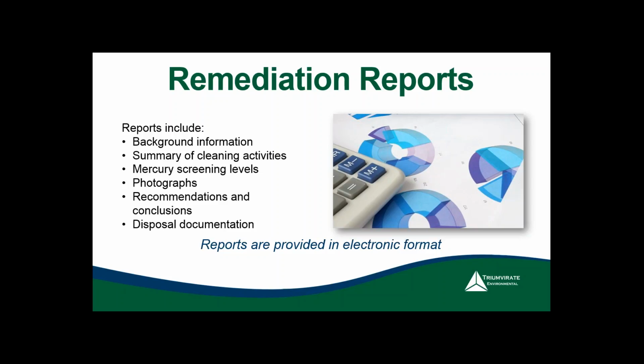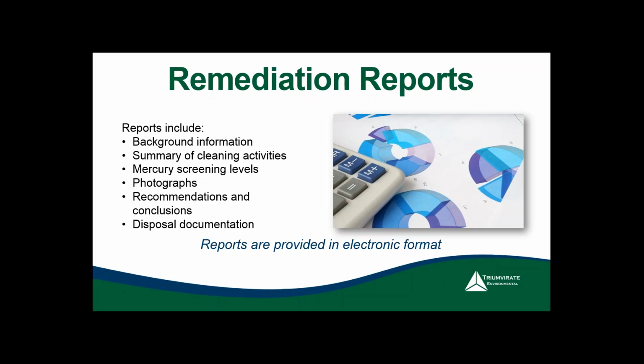After Triumvirate is done with a mercury cleanup for a client, we provide a remediation report, which includes background information, summary of cleaning activities, mercury screening levels and photographs, recommendations and conclusions, and disposal documentation.